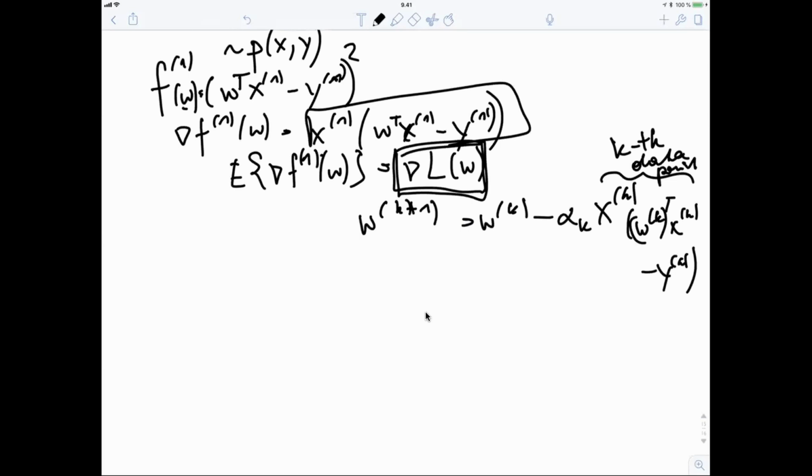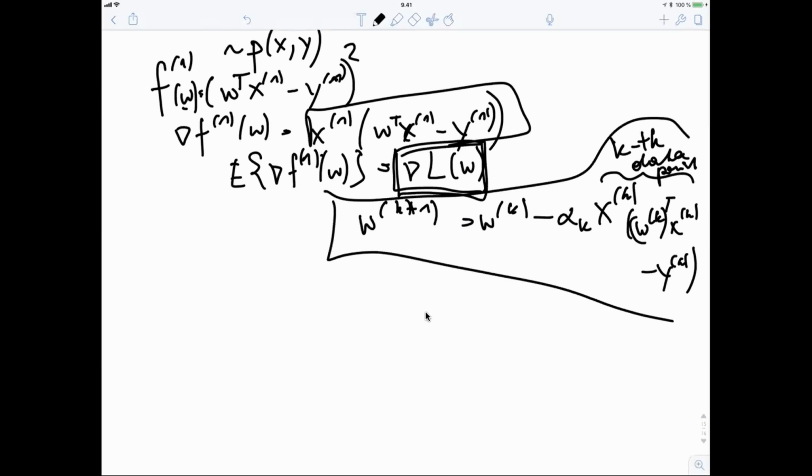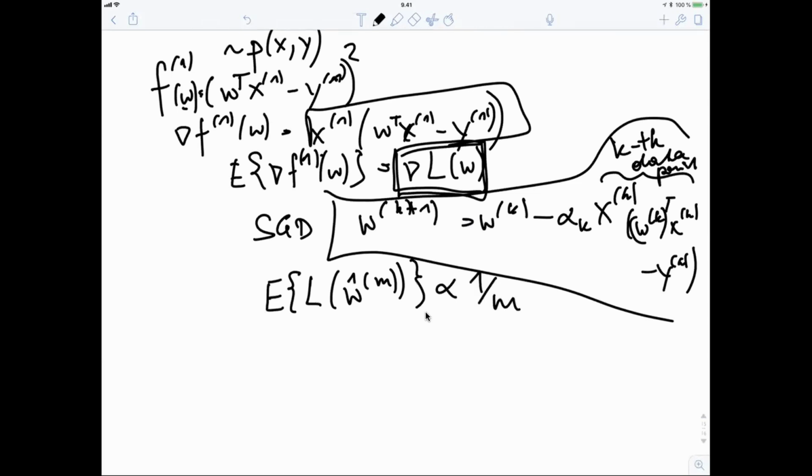So, and it turns out, but I will just refer then to the relevant papers in the lecture notes, that this achieves a risk. If you look at the expected loss of the hypothesis after m iterations of this stochastic gradient descent variant, then this decreases proportional to 1/m.